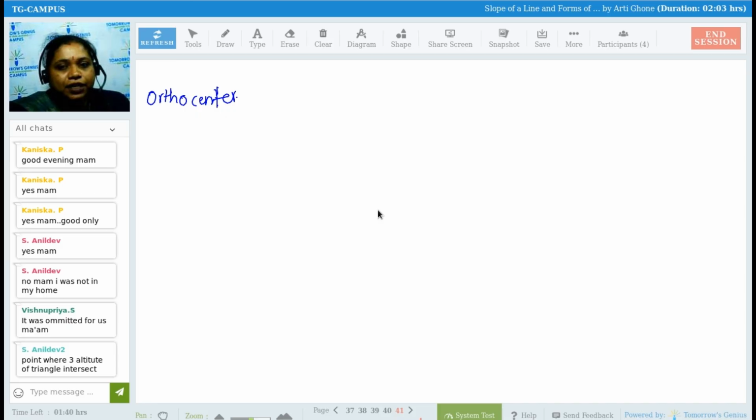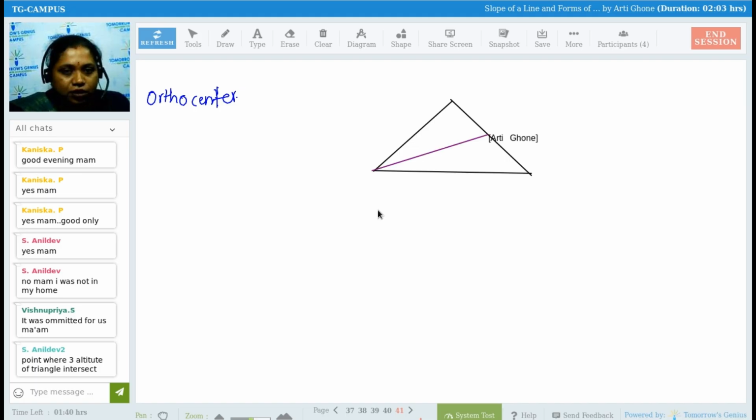The point where the three altitudes of the triangle meet. If this is my triangle, what is an altitude? A perpendicular drawn from the point to the opposite side. It doesn't matter whether it is equally dividing or not. So perpendiculars from each point are the altitudes, and as we know, they always intersect at one point, and that point of intersection is known as the orthocenter. These are all perpendicular to the opposite sides. Revised? Okay.